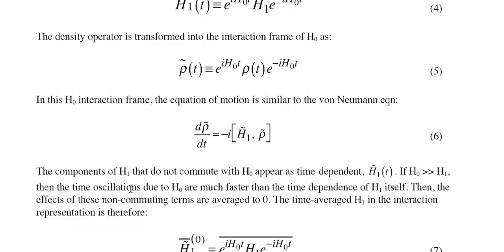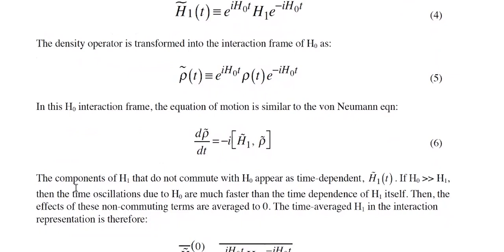Then that leads me to make the following statement. When you have oscillations of H1, the components of H1 that don't commute with the big interaction H0 are the ones that will have this time dependence. And if H0 is much greater than H1, which is our starting point, H1 is basically a perturbation to the large interaction, then that time oscillation will be really fast because H0 is a very strong interaction.